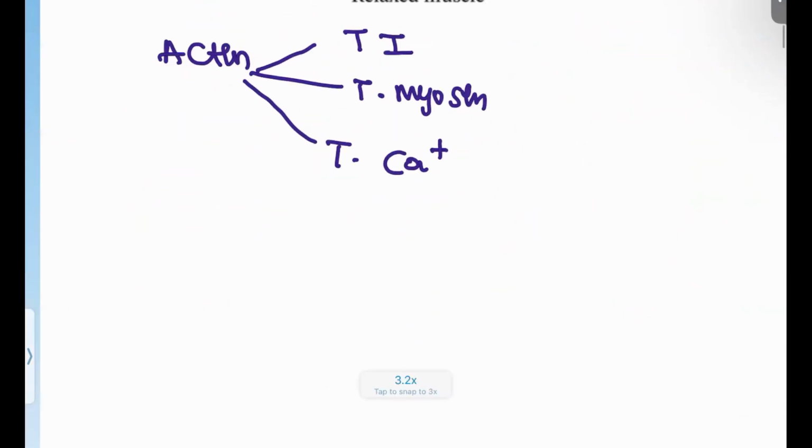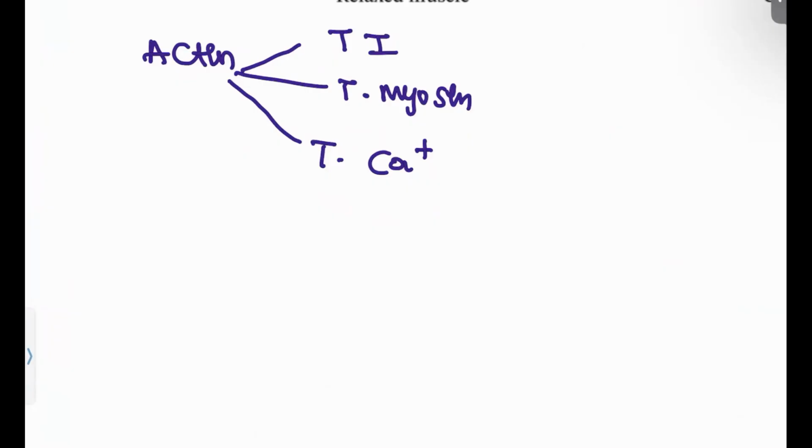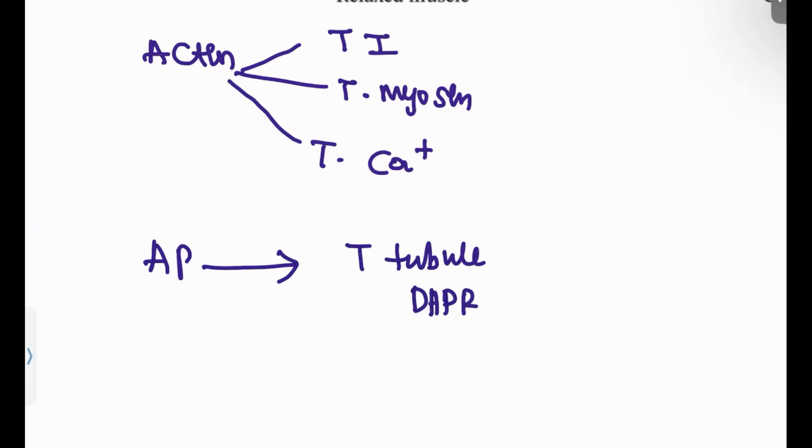When there is a contraction, usually an action potential will reach the muscle. At the T tubule, there is the DHP receptor, and these DHP receptors will send the action potential inside the muscle sarcomere.